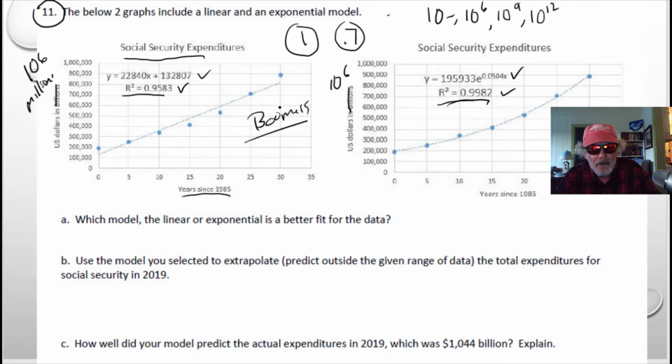There's many millions of boomers retiring, and so the Social Security expenditures are tending to go more exponential as they are here. So what model is a better fit? The exponential.